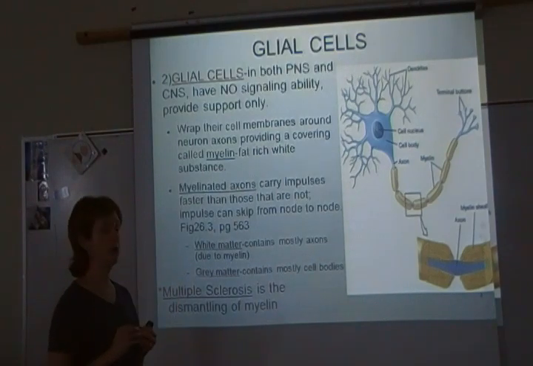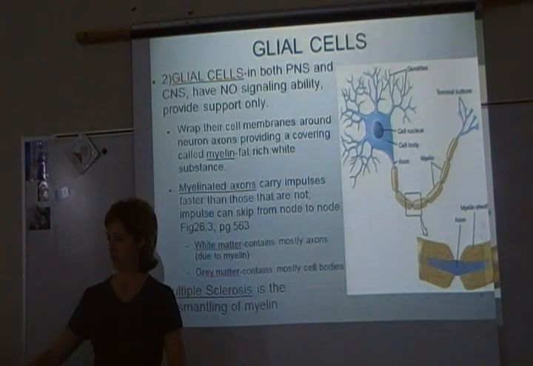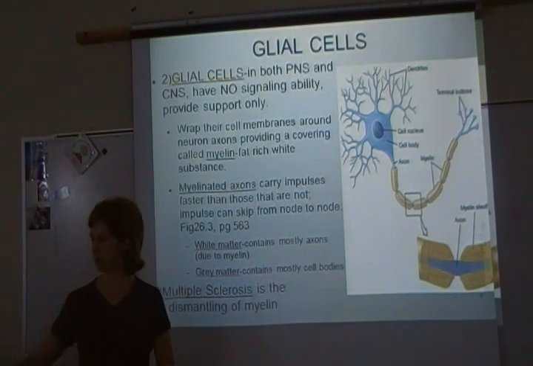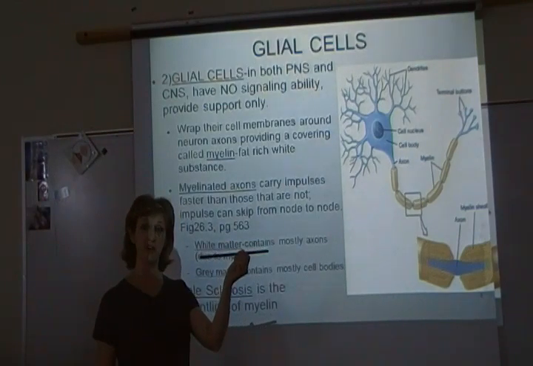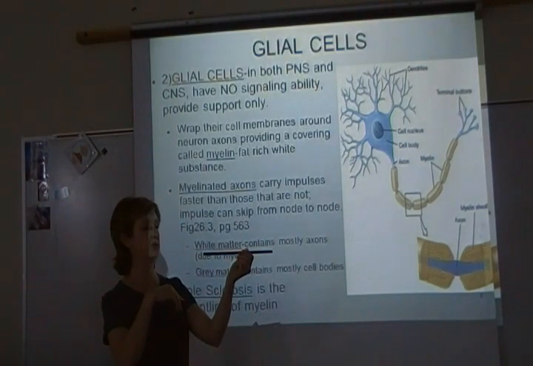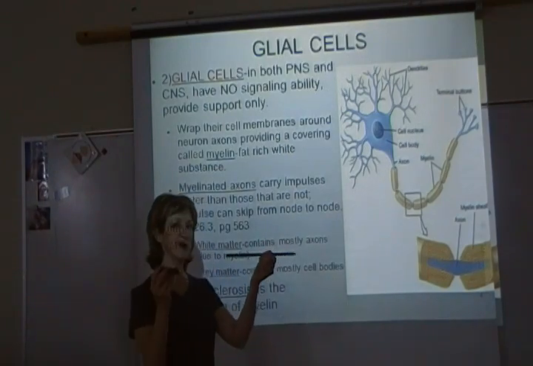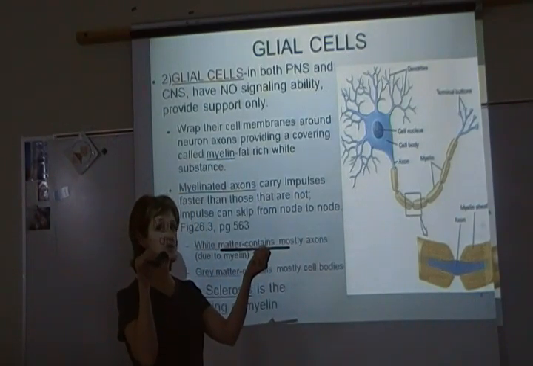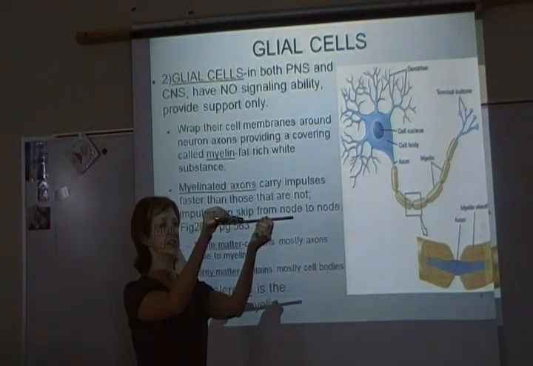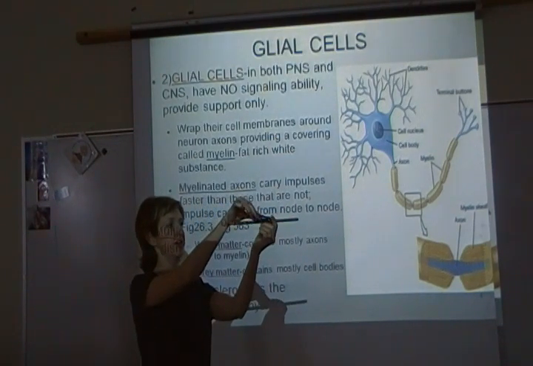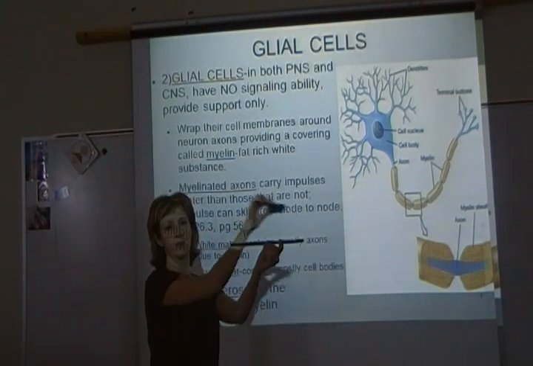And the way it helps to speed up signals is like this. Let me show an example. If this is a regular axon coming off of a cell, a neuron, and this car represents the signal traveling down the axon. Okay, so it has to travel all the way down that axon before it gets to the end and to the next cell.